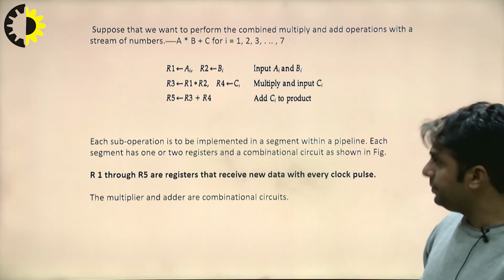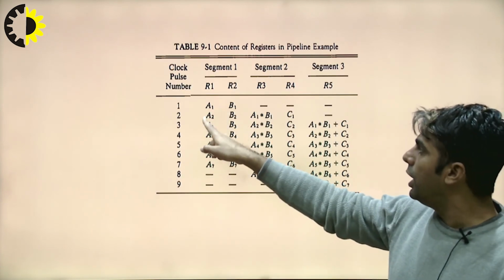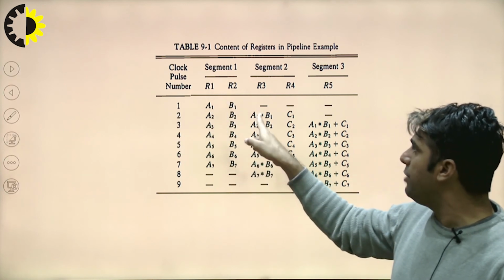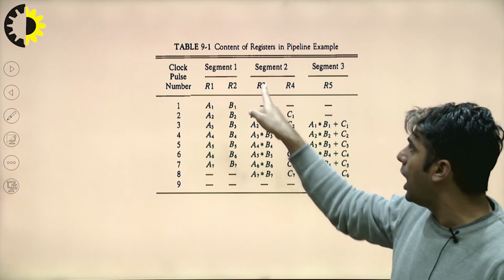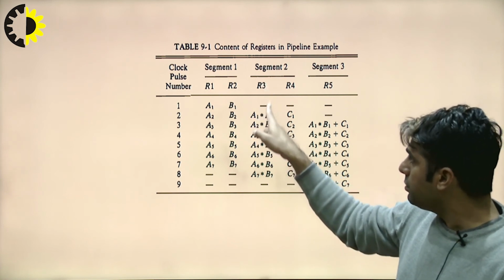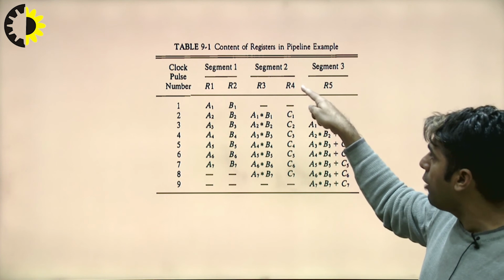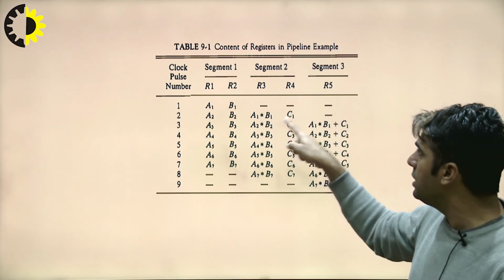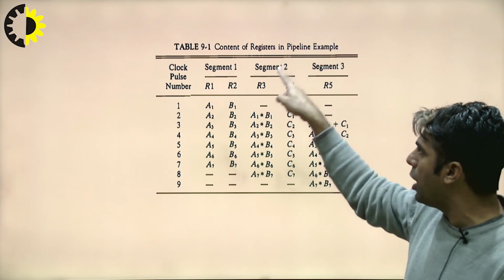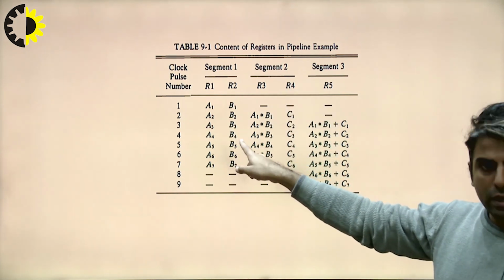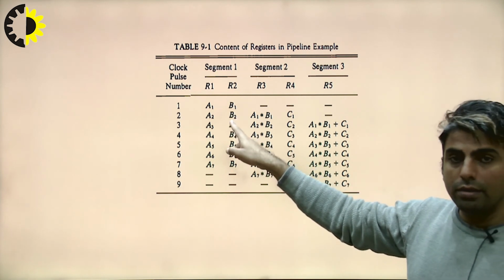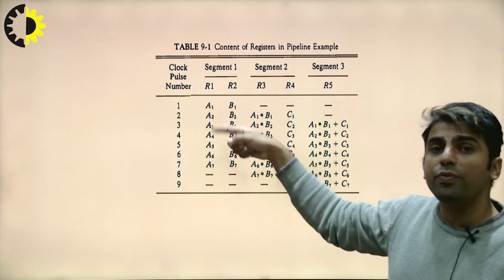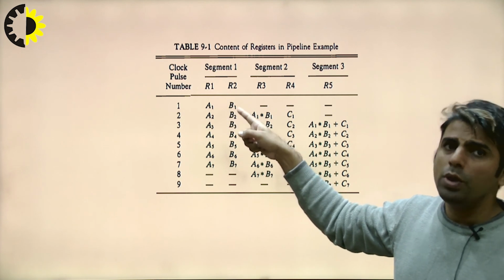So on clock pulse number 2, A1 into B1 has appeared in R3, and at the same time R4 was being loaded with the value C1. R3 and R4 are part of segment 2, but what is segment 1 doing at the same time? It is loading the next values, A2 and B2.